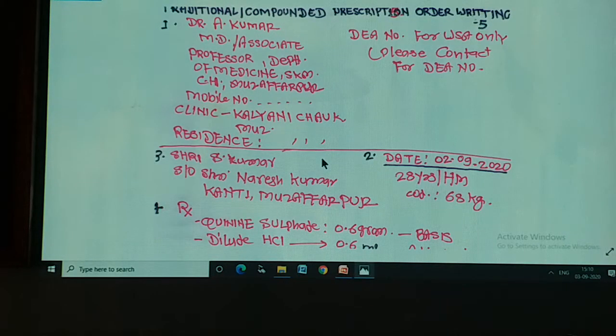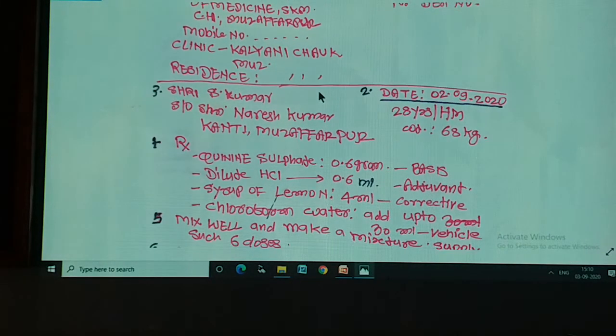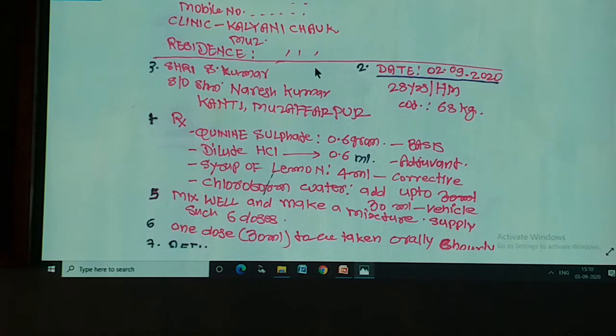Then comes contact number, that is mobile numbers, address of the clinic, Kalyani Chowk, Muzaffarpur, residence, same address. DEA number, that is Drug Enforcement Agency registration number for United States of America only, not in our country.